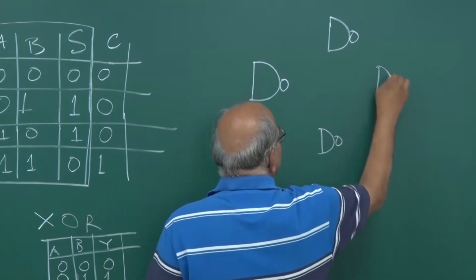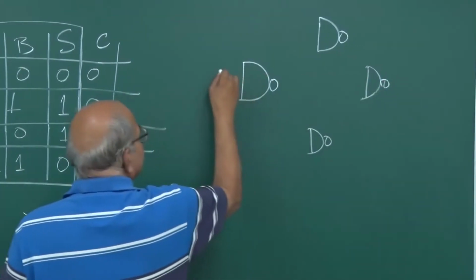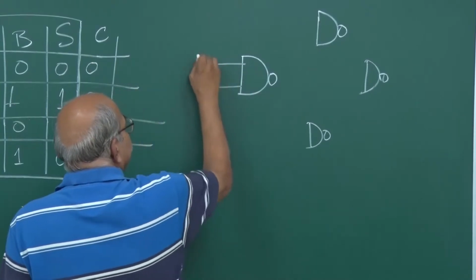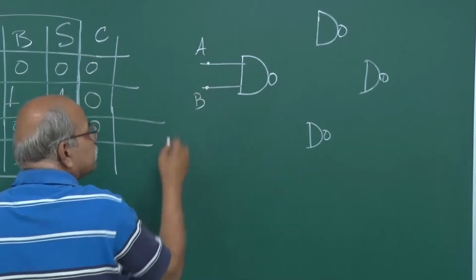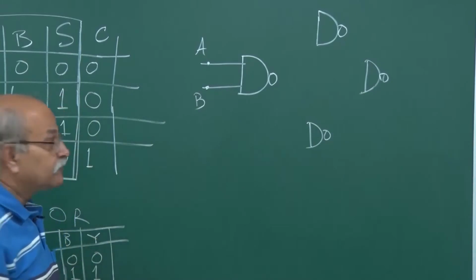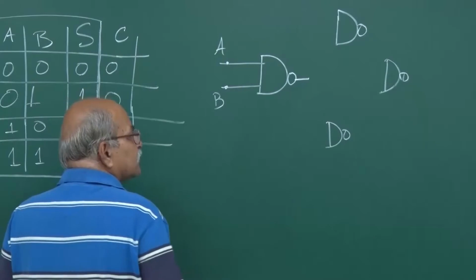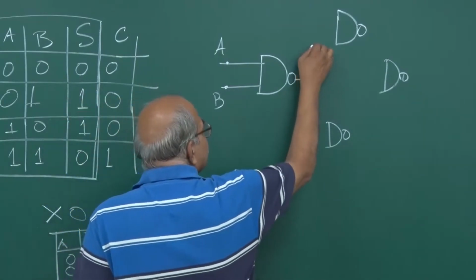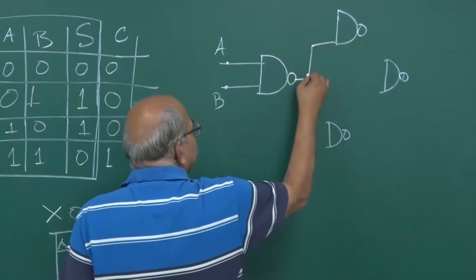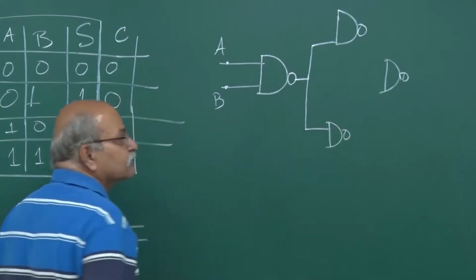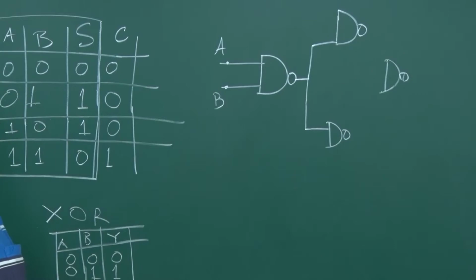So these are 4 NAND gates and here are the 2 inputs A and B. Okay, then the output of this first NAND gate goes as an input here and that also goes as input here, one of the 2 inputs.